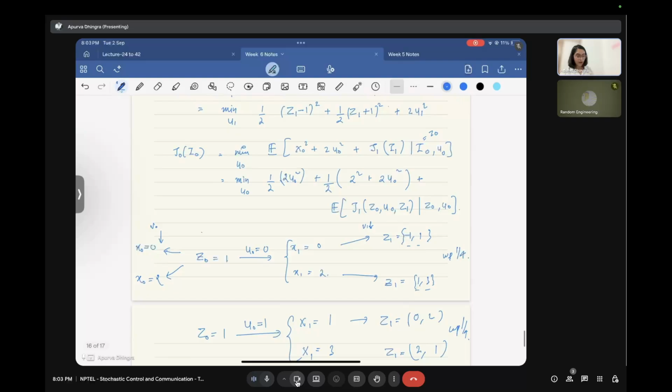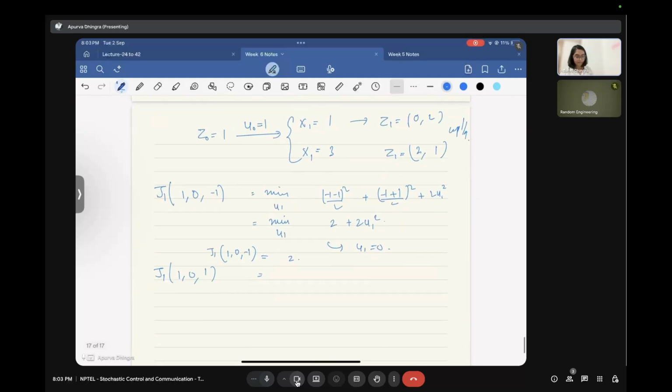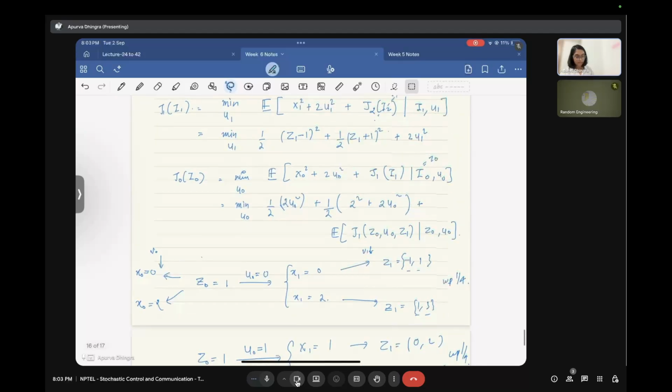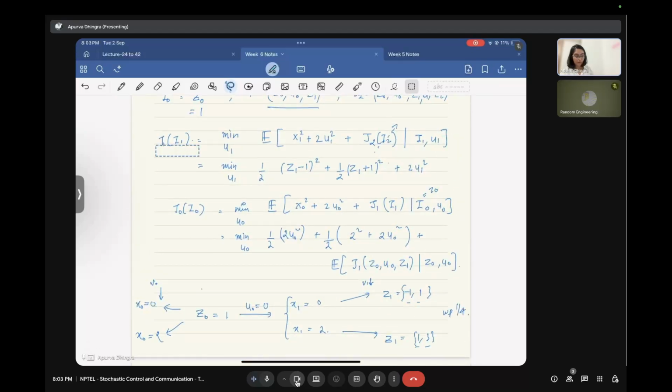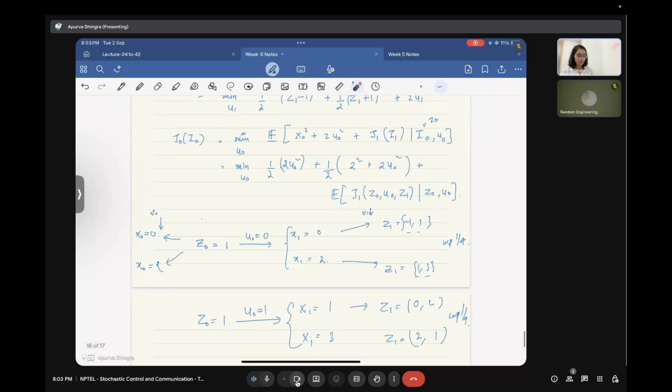Once you have all of them, you would have solved for this J1 of I1, and since you would have solved for all the possibilities, you just take the expectation over them and plug all these things in, and you should be able to solve for J0 of I0.